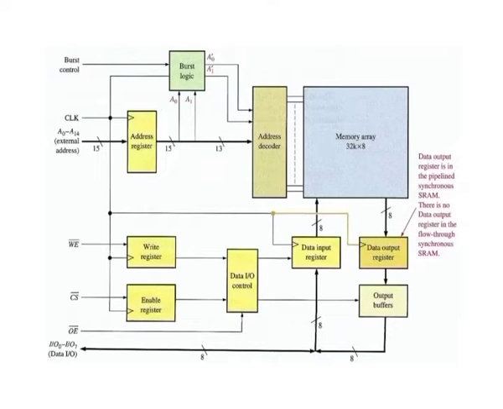The fundamental concept of the synchronous feature of a SRAM can be shown with this figure, which is a simplified block diagram of a 32K x 8 memory for purposes of illustration. The synchronous SRAM is similar to the asynchronous SRAM in terms of the memory array, address decoder and read/write and enable inputs.